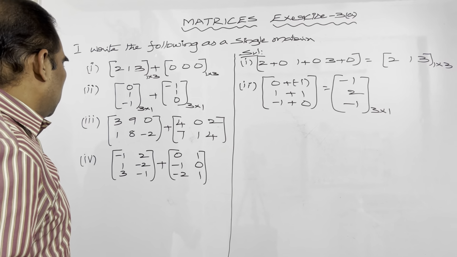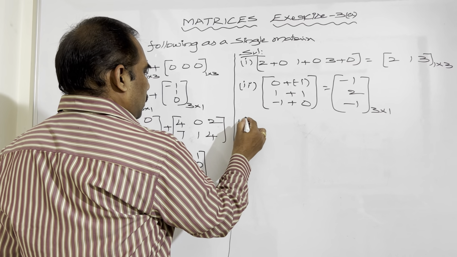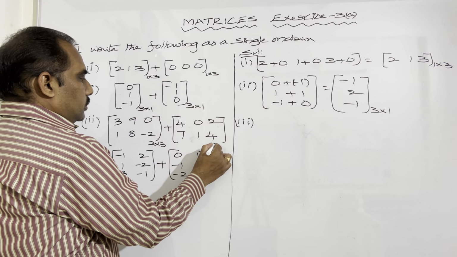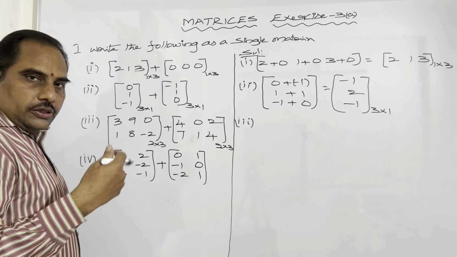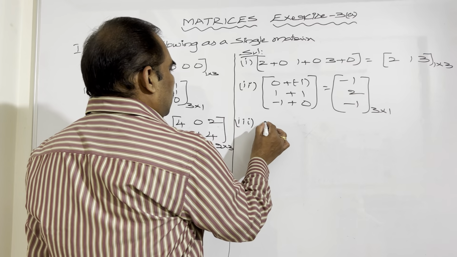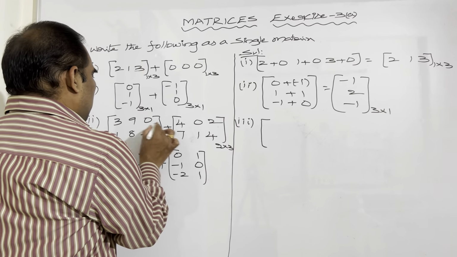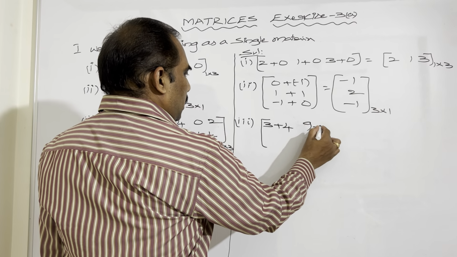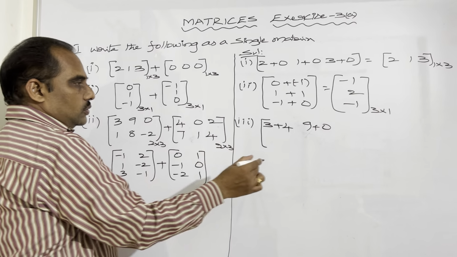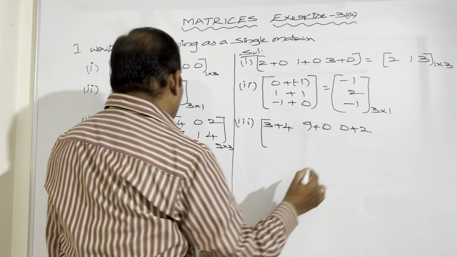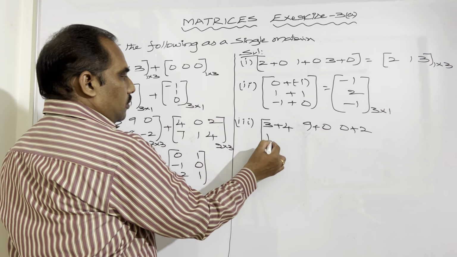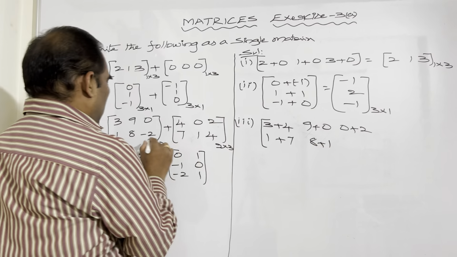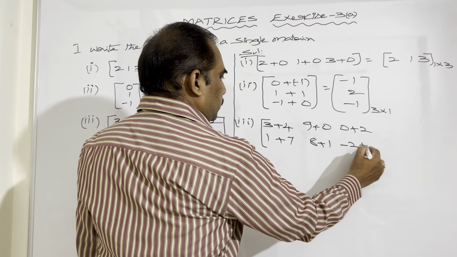Next, the third one. The matrices given here are 2 rows and 3 columns, and here also 2 rows and 3 columns. The resultant matrix order is also 2 rows and 3 columns only. Adding the corresponding elements: 3 plus 4, 9 plus 0, 0 plus 2, 1 plus 7, 8 plus 1, and minus 2 plus 4.